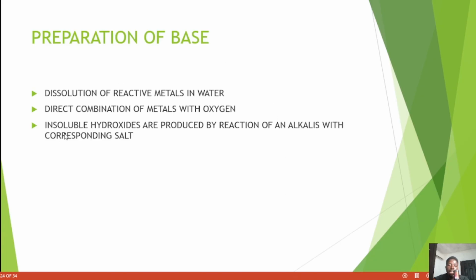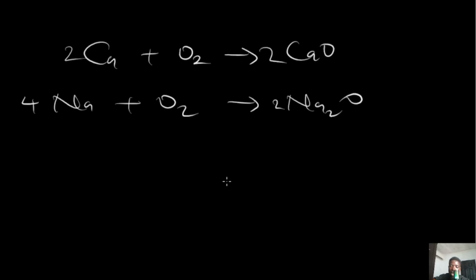Then finally, insoluble hydroxides are produced by a reaction of an alkali with the corresponding salt. Remember that we said that an alkali is basically a soluble hydroxide. So when you react an alkali, let's say sodium hydroxide, with any other metallic salt, let's say for instance zinc chloride, you are going to produce an insoluble hydroxide because there will be a double decomposition.